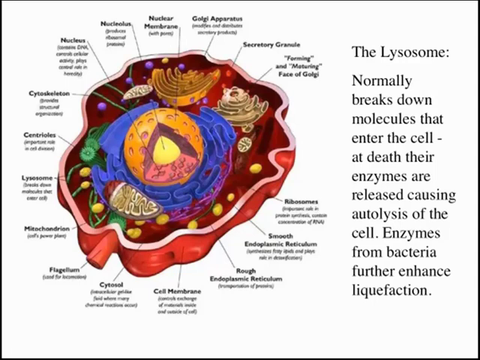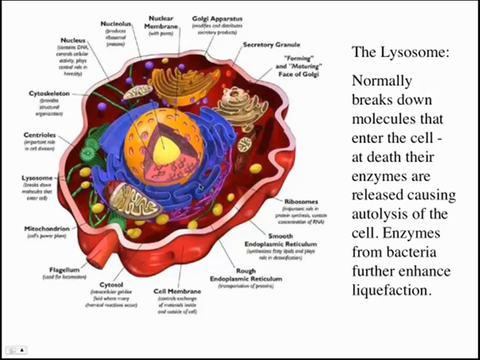So the lysosome, in essence, is the stomach, and it is kept in check. All these little yellow things are lysosomes. But while it normally breaks down molecules that enter the cell, at death their enzymes aren't held in check. Their enzymes are released, causing what we call autolysis, or self-dissolving, or disassembly of the cell.